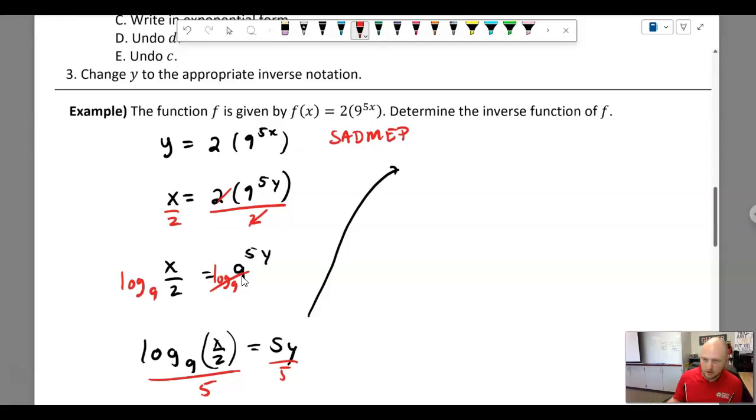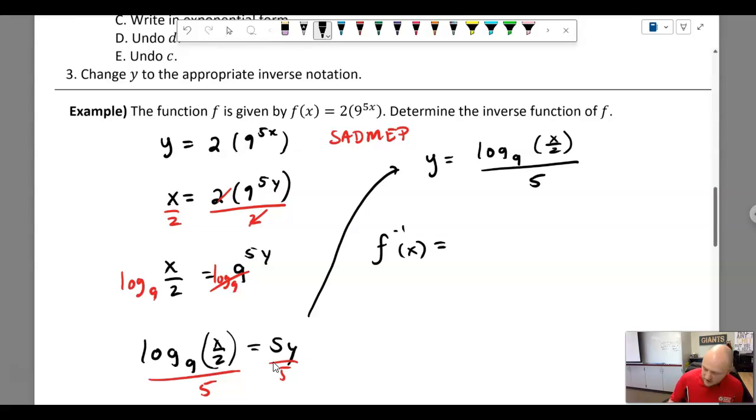Once you undo the exponential base, inside the argument of a logarithm, I repeat my SADMEP. So divide by 5, and here's what we get. We get y equals log base 9 of x over 2, divided by 5. And this is originally called f, so it's called f inverse.